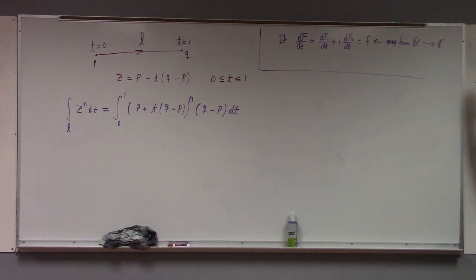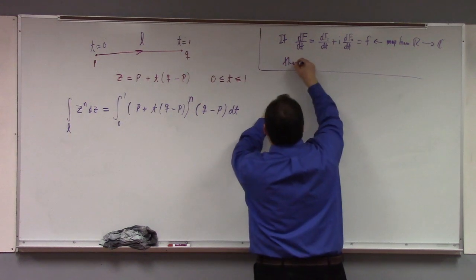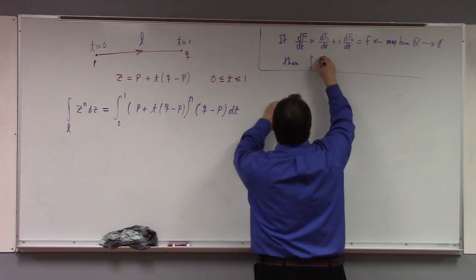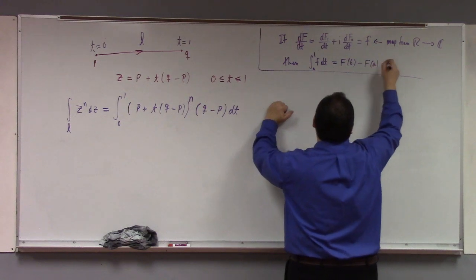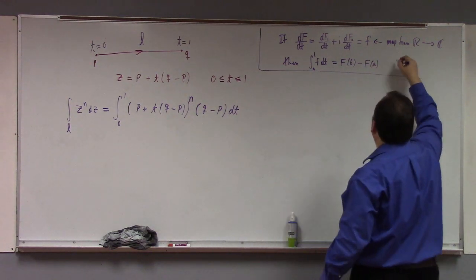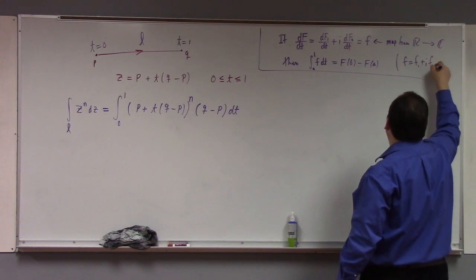We can extend the notion of anti-differentiation like this. For example, if you have the integral of f dt from a to b, it is still the case that that's equal to f(b) minus f(a), where f is like f1 plus i f2.